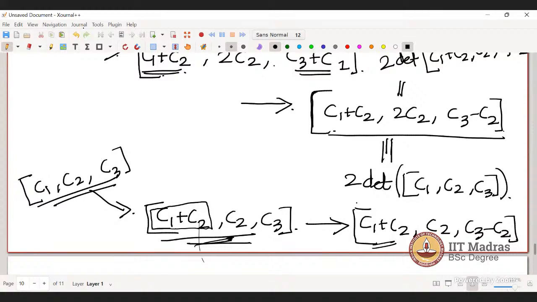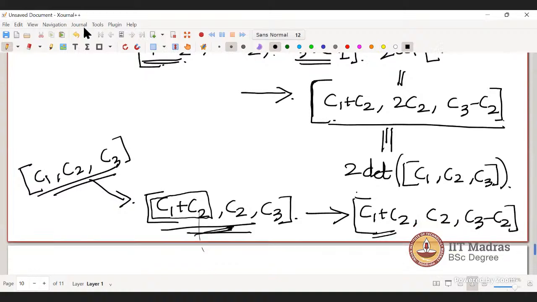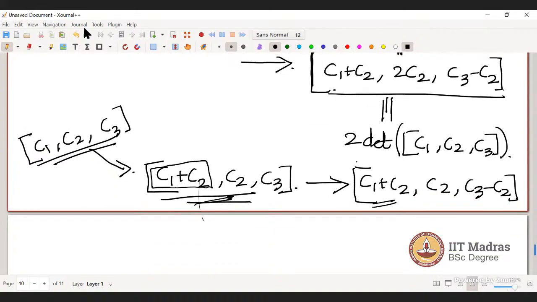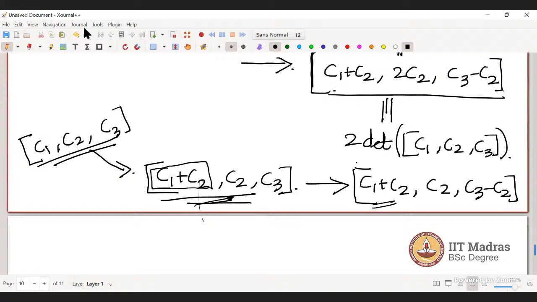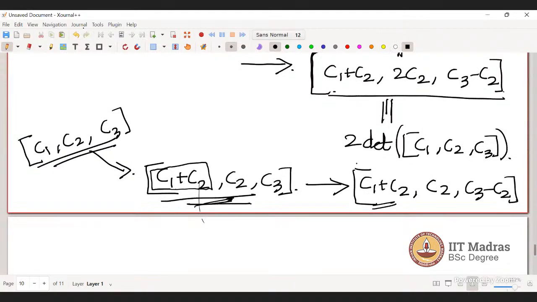Actually, this is the parent matrix, C1, C2, C3, and an arrow is given. And in this, C1 plus C2, C2 and C3. The main thing is that we have added the first column to the second.